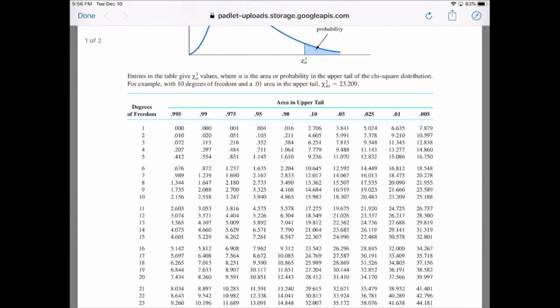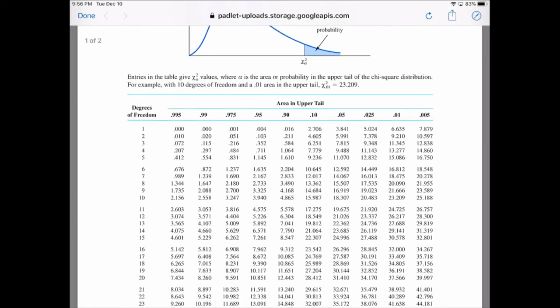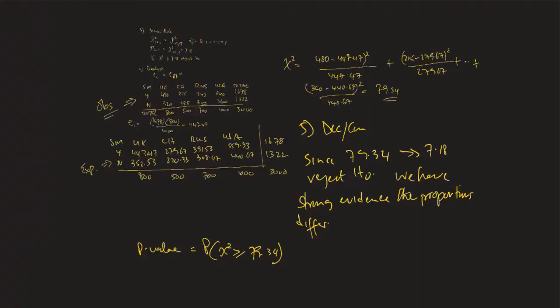Along 3 degrees of freedom, at 0.005 in the tail, the chi-squared value is only 12.838. So to get to 79.34, the tail area would be a lot smaller than that, practically 0. So it would be a lot smaller than 0.005. That we know for sure.